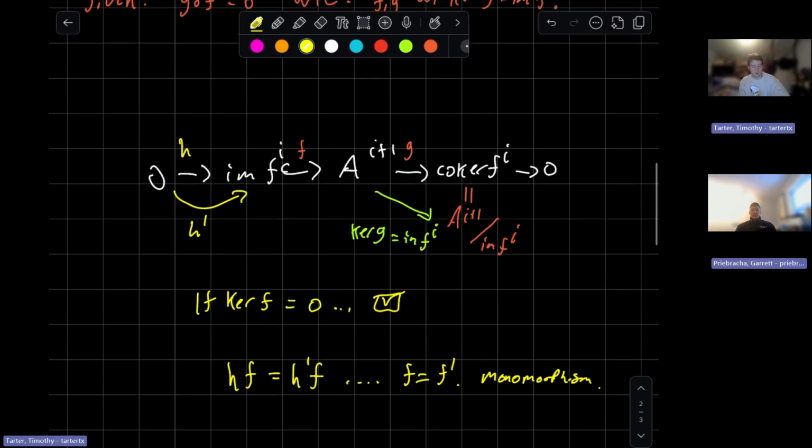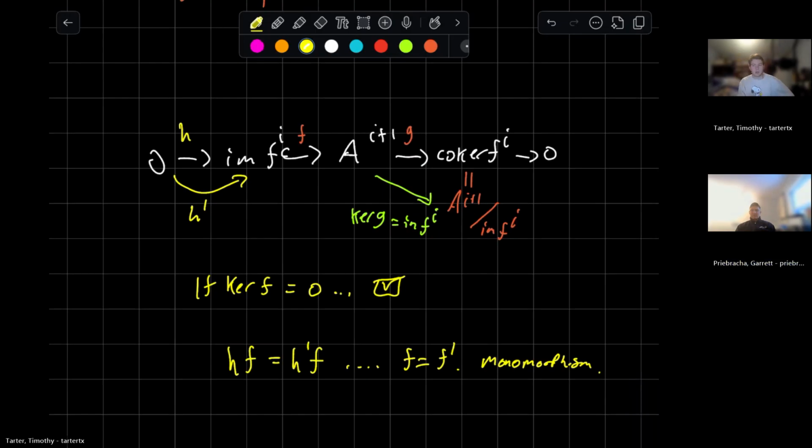Well, is the property of a monomorphism injectivity? Not necessarily, but I think in the category of modules, yes. Let me Google that. Is a monomorphism injective?